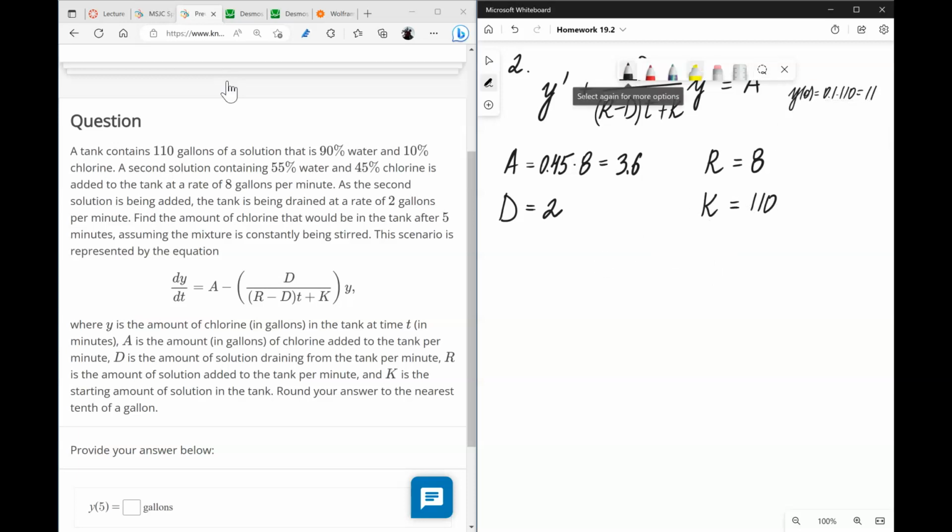So let's go ahead and start solving it. We have y prime equals 2 over 8 minus 2 t plus 110, all that being equal to 3.6.